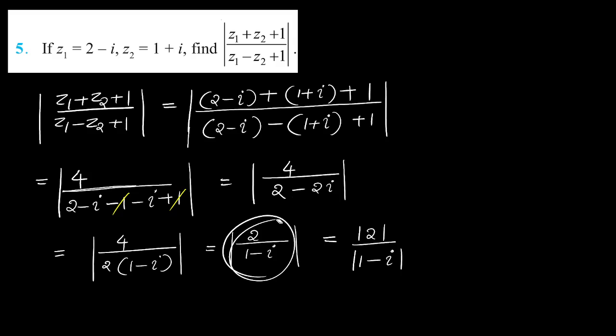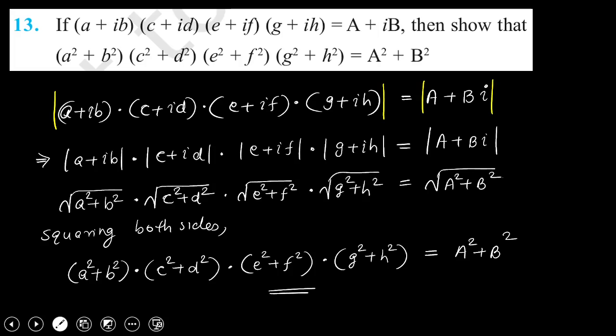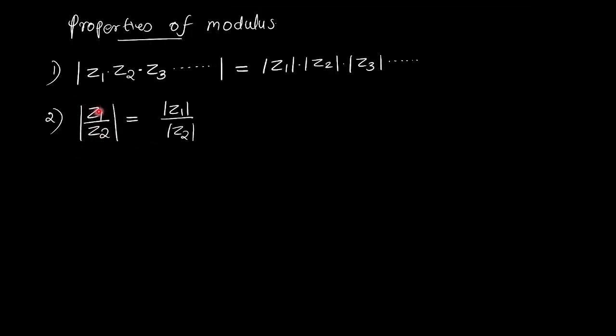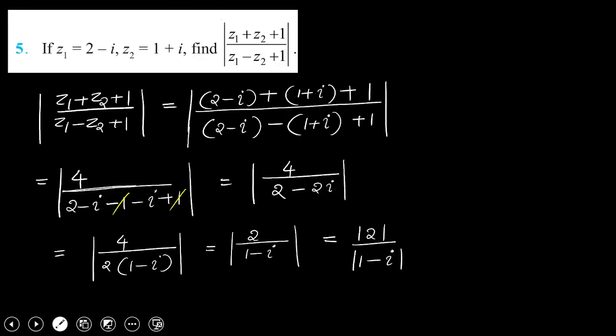In any method you can use, no problem. But I am using one property of modulus here. The second property: modulus of z1 by z2 will be modulus of numerator by modulus of denominator.